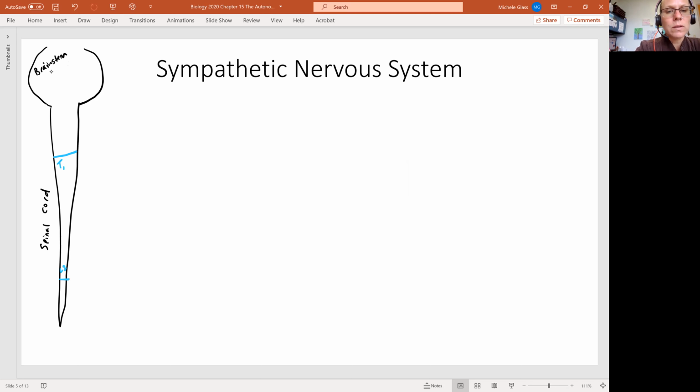So the sympathetic nervous system can also be referred to as the thoracolumbar system, because the neurons are coming off of the thoracic and lumbar region. So again, we're T1 to L2.